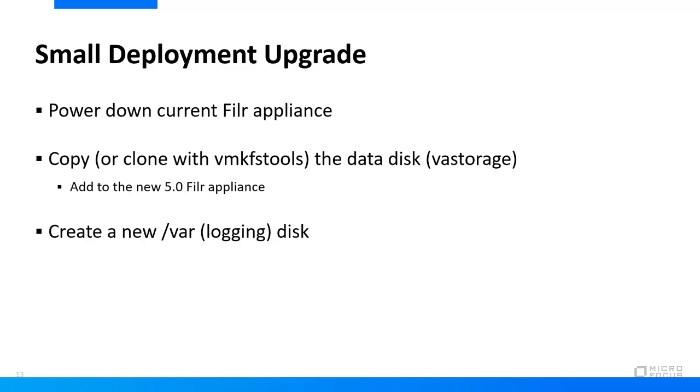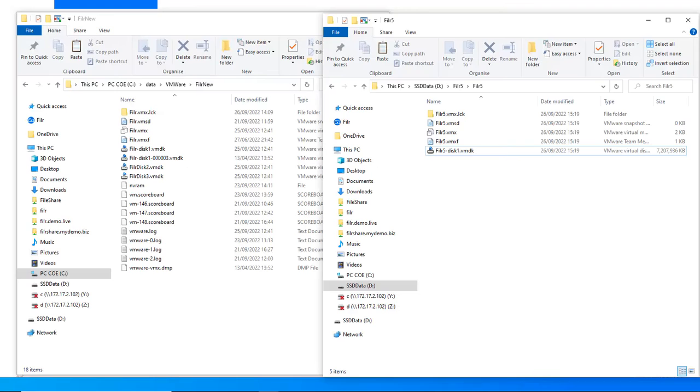That's the VA storage disk. And we obviously don't want that being written to while we copy it. And we're going to take that and add it into the Filr 5 appliance. And then we're also going to create a new logging disk, the var disk as well. So let's just go and do that.